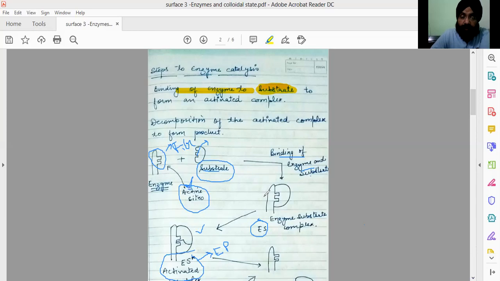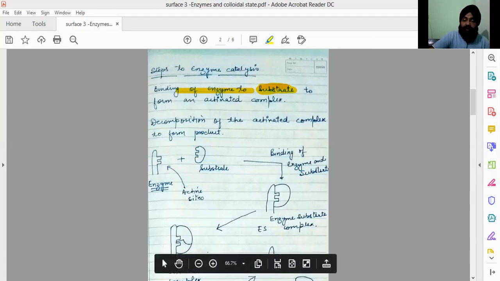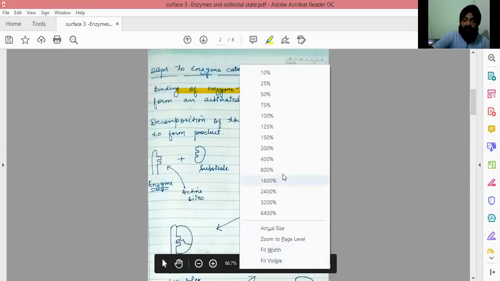So this is the basic simple lock and key hypothesis. Enzymes have the active sites, and only those substrates are allowed to attach to it which have a complementary site to these sites. They bind together as a key is fitted into the lock. So they form the enzyme substrate complex, which changes to the enzyme substrate activated complex, converted to the enzyme product complex, and ultimately products and enzyme. Enzyme is again ready for the reaction, or you can say it is regenerated, right?